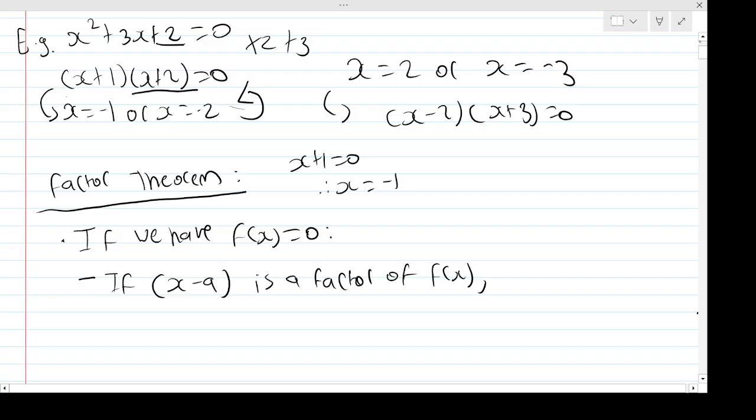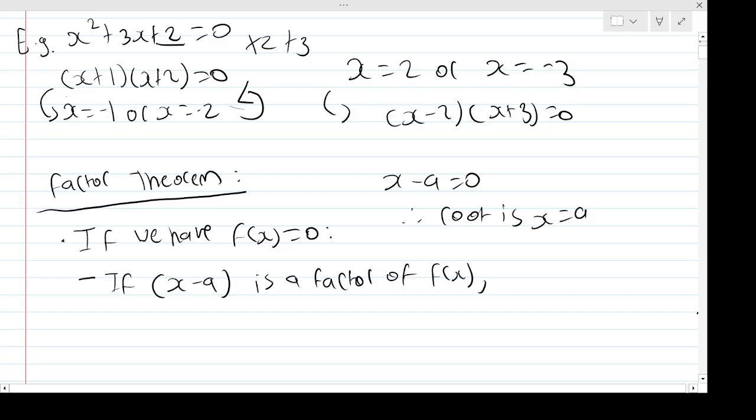If I set this factor x plus 2 to 0, that would be x plus 2 equals 0. Therefore, x would be minus 2, which is the corresponding solution there. So really, I'll just set the bracket to 0. In this general case of x minus a, that would mean x minus a equals 0. Therefore, the solution or the root is x equals a, if I add a to both sides.